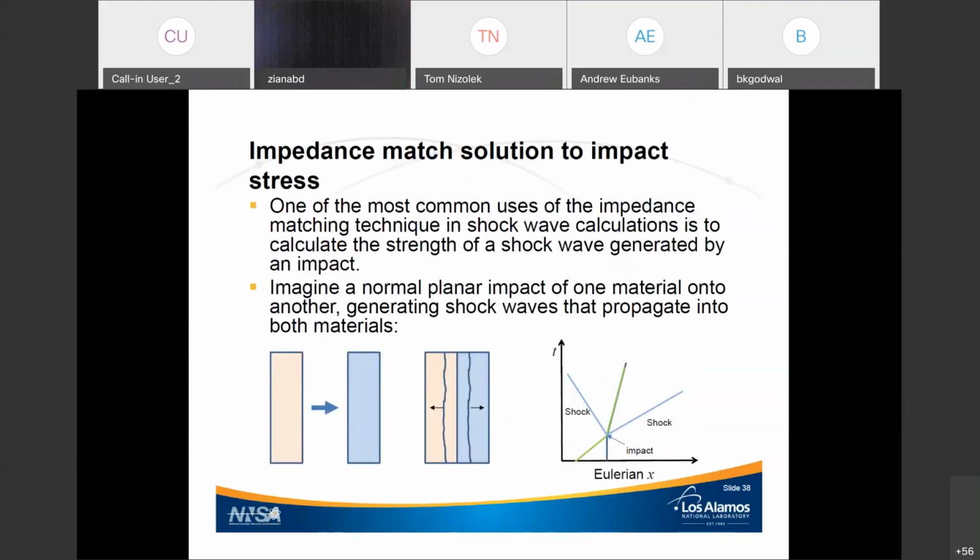Instead, you have a projectile that hit a material and created an interface. Now that you've created this interface, again, the two materials have to be at the same stress, and in the laboratory frame or the rest frame of the target, if you will, they have to be moving at the same velocity.